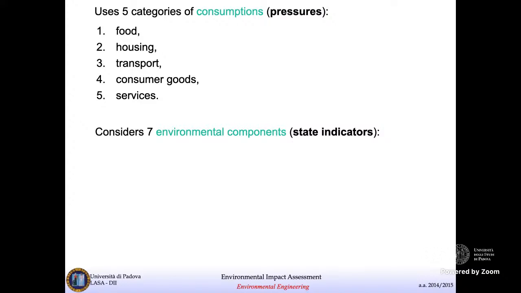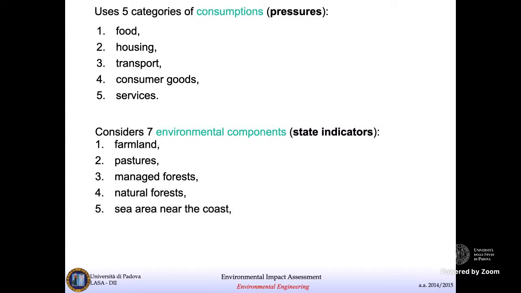They are somehow state indicators. Classically, in the ecological footprint, we have farmland, pasture land, managed forests, natural forests, sea area and coastal zones, urbanized land, and use of non-renewable resources, like, for example, gas or oil.